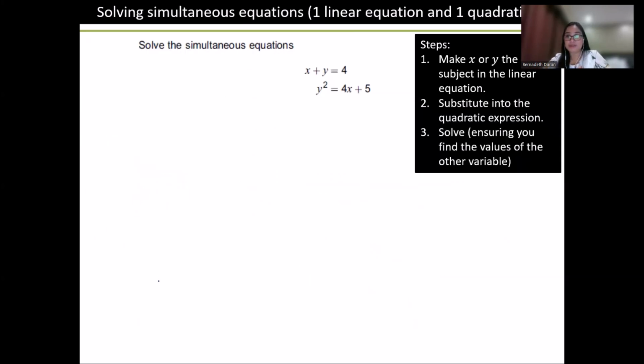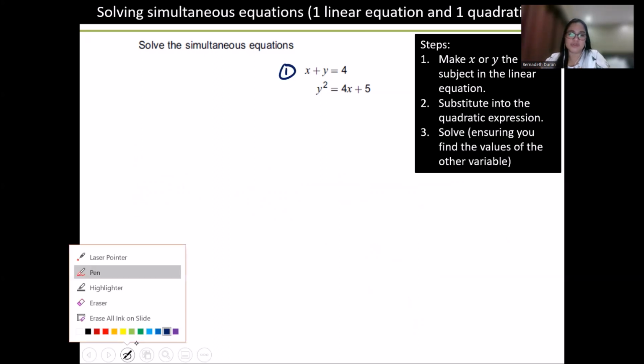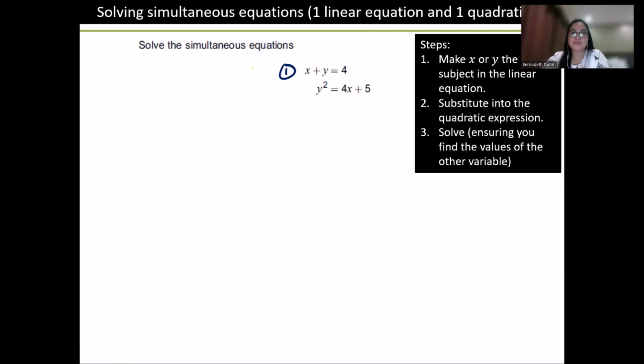Now, how about if we have this one? In this case, what's the highest exponent in our first equation? The highest exponent is 1, right? So our first equation is a linear equation.